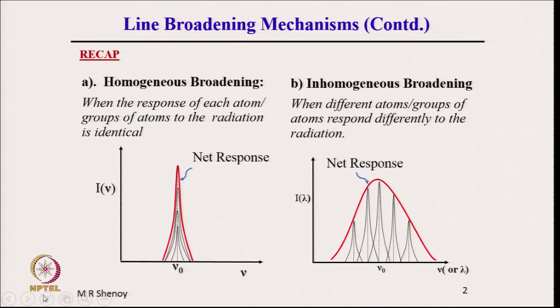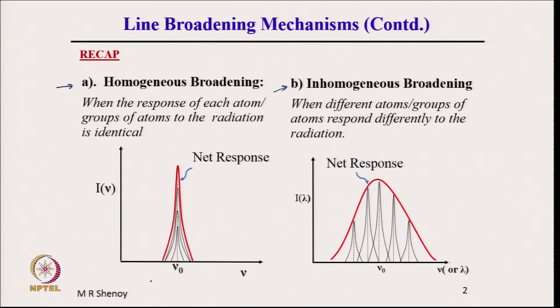Okay. So, a very quick recap, there are two types of broadening mechanisms, broad classification, homogeneous and inhomogeneous. Homogeneous broadening occurs when the response of each atom or groups of atoms to the radiation is identical, centered around a resonance frequency.